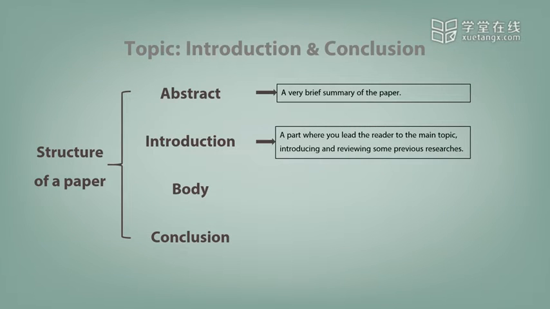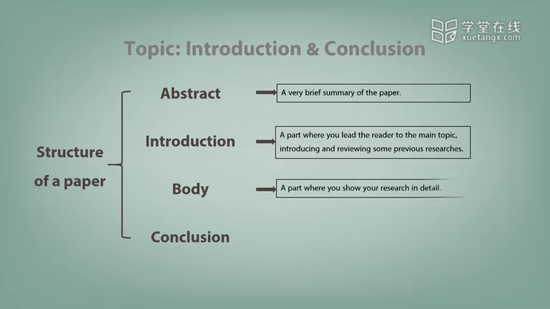The introduction is where you lead the reader to the main topic, introducing and reviewing some previous research that has been made on the topic, something that has happened and leads the reader to the topic. The body of the research is where you show your research in detail.